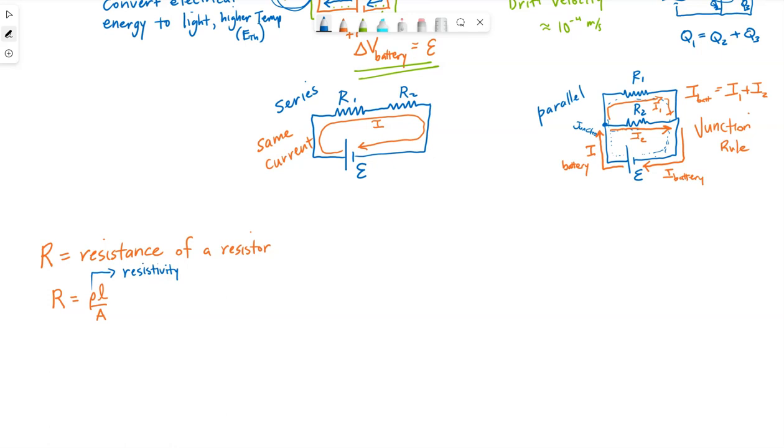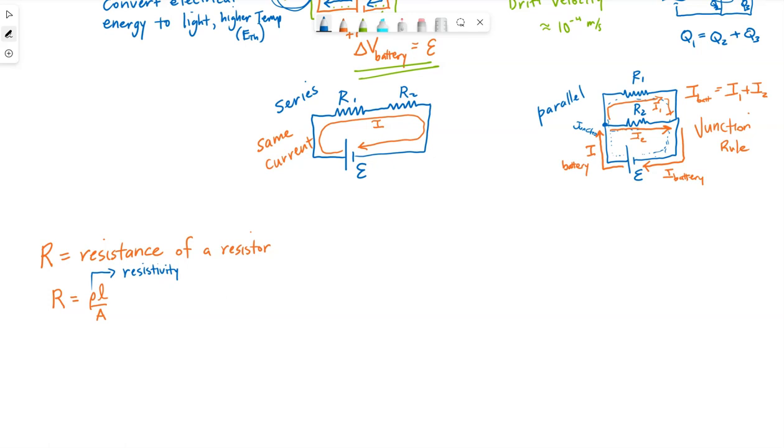It is something unique to the material itself. Copper has a different resistivity than aluminum, different resistivity than whatever other material we want to talk about. But it is unique to the material.